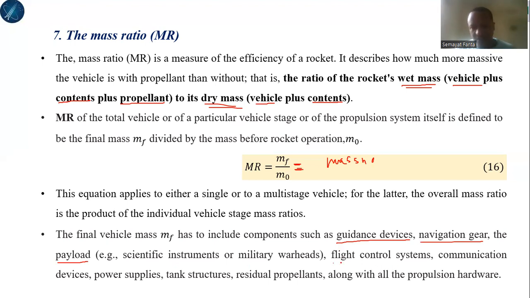It also contains flight control devices, communication devices, and continuous power supply systems. The structural tanks, the residual propellants, maybe some small residual propellant that is not useful, along with all the propulsion hardware, are also included. These make up the final mass, which is the mass without propellant only.